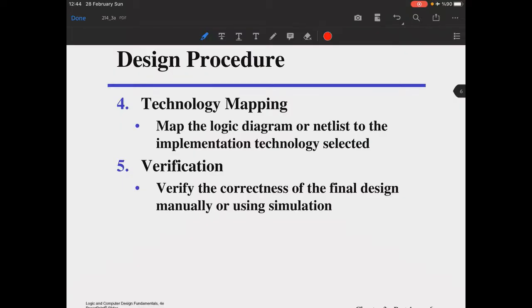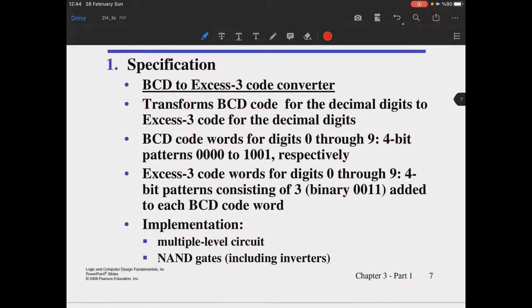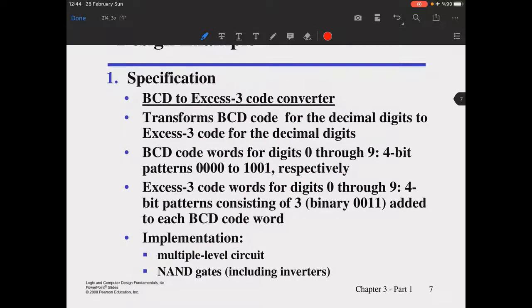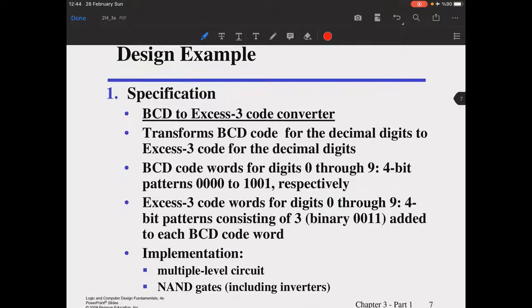So you verify the correctness of the final design here. It can be done either manually or using computer-aided tools with simulations. Every step will be explained in the textbook with a design example.